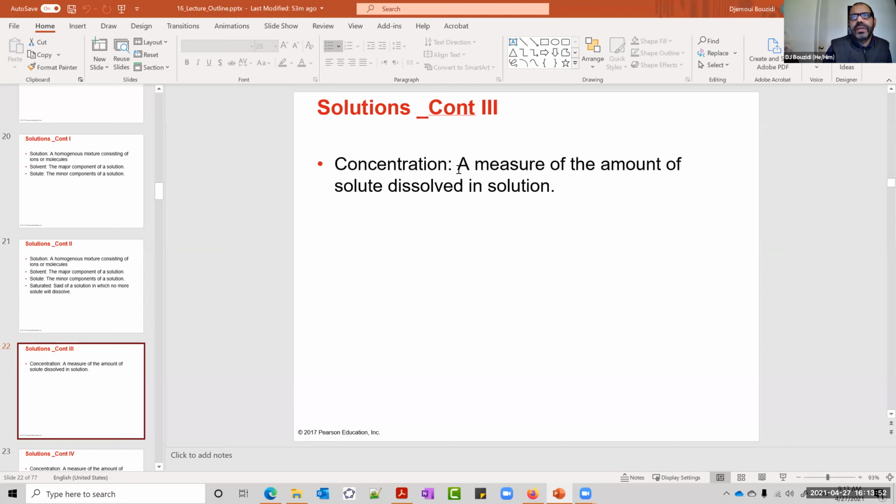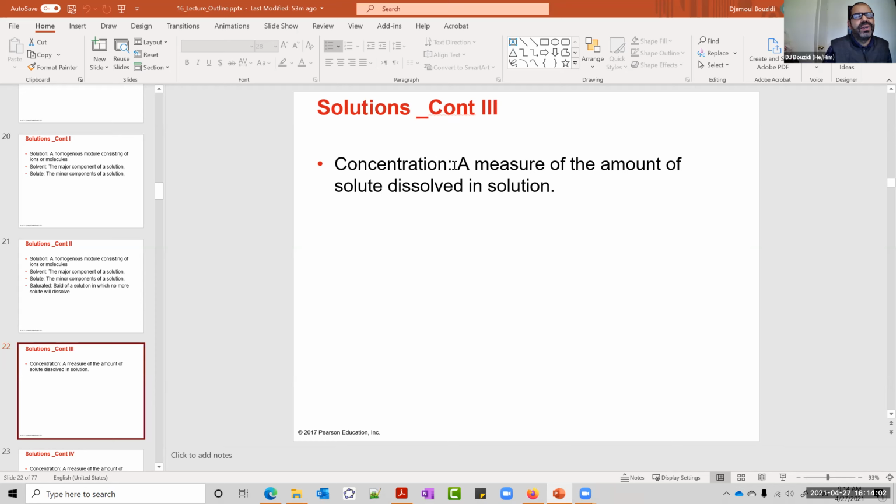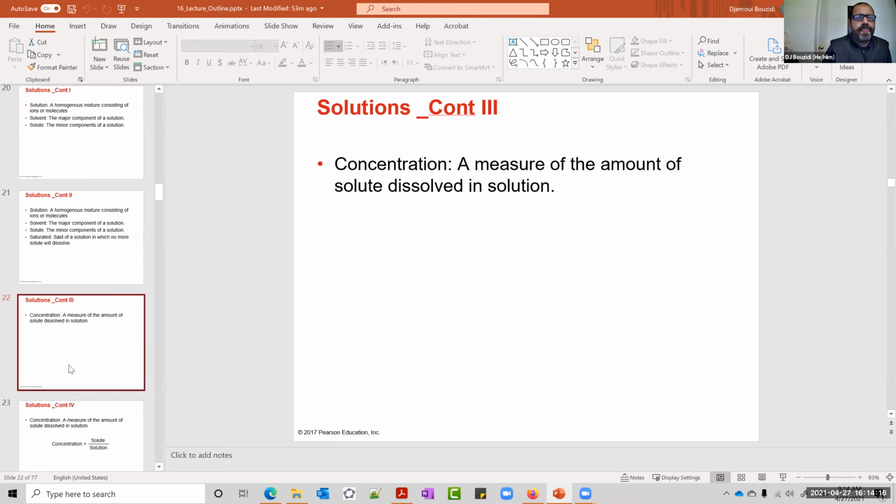The measure of how much solute you have inside the solution is the concentration. That is basically how much you can put in before you start to see solute deposit at the bottom or suspended, where you see different phases in it.